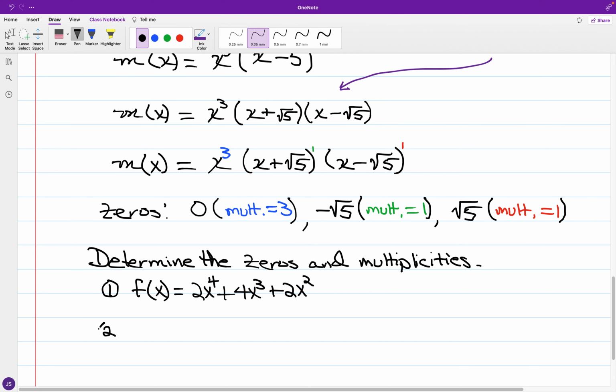And for the other, we'll say we have f of x is equal to x to the 6th plus 10 times x to the 5th plus 25x to the 4th.